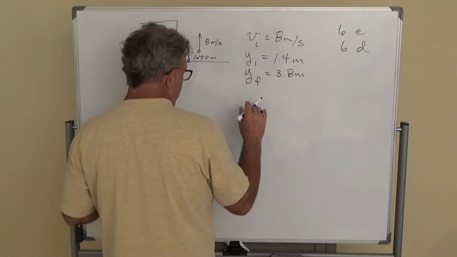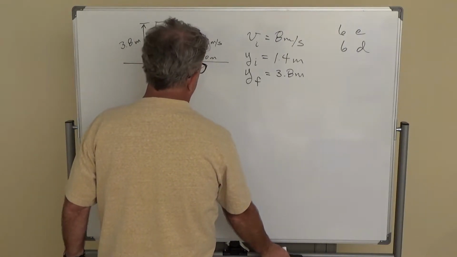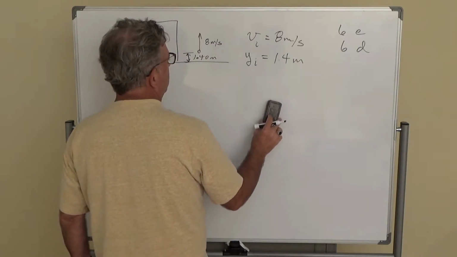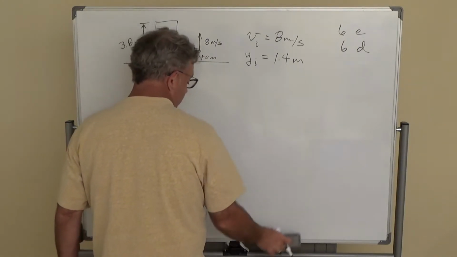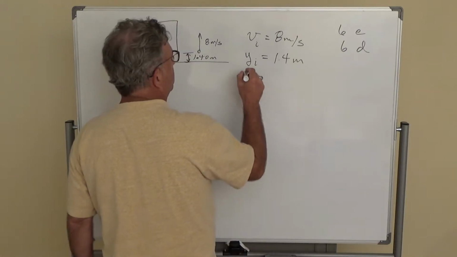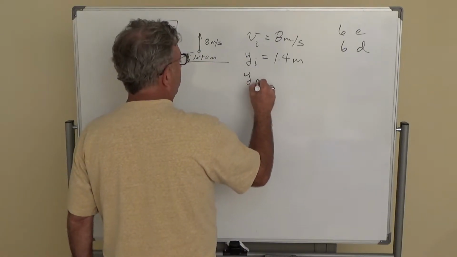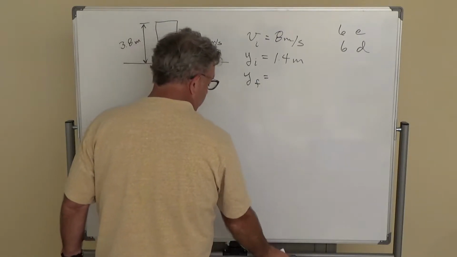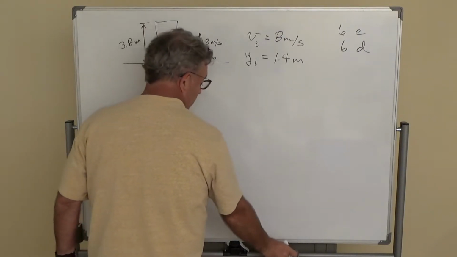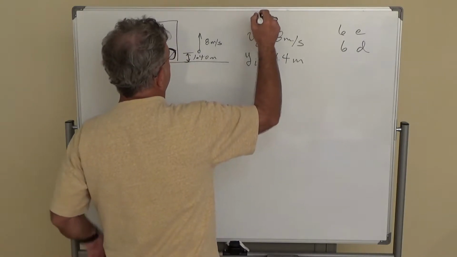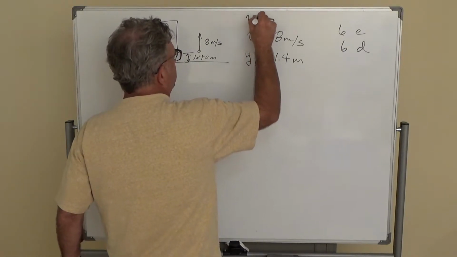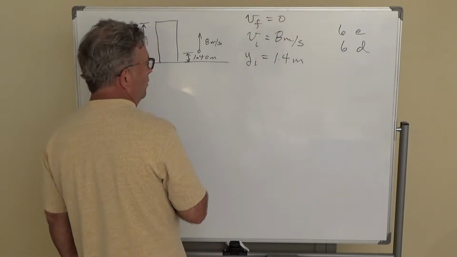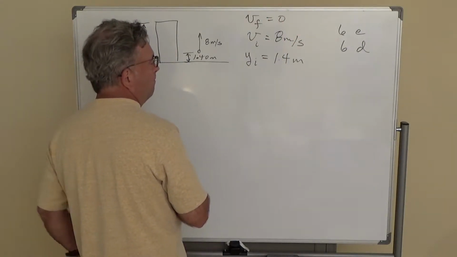Okay. Or you could do Y final. Let's see. That's fine. Let's do it this way. If you make V initial 8 and set V final equal to 0, that's going to give you the maximum height, right?